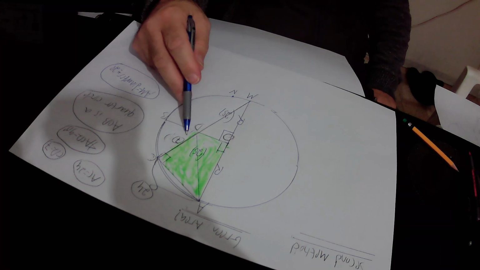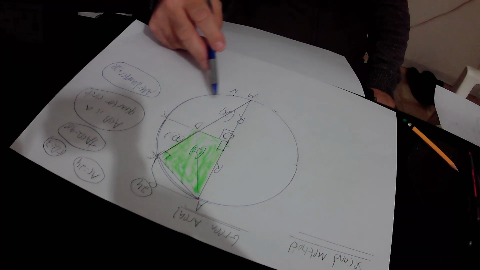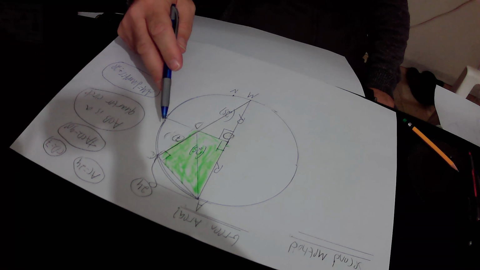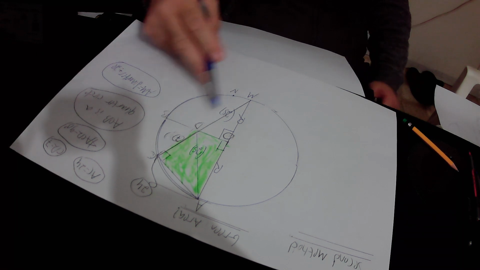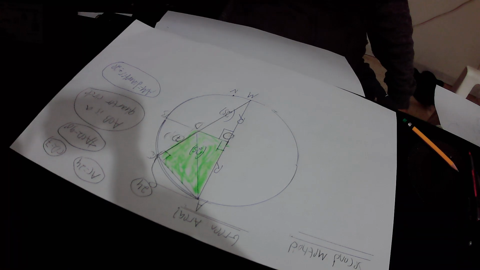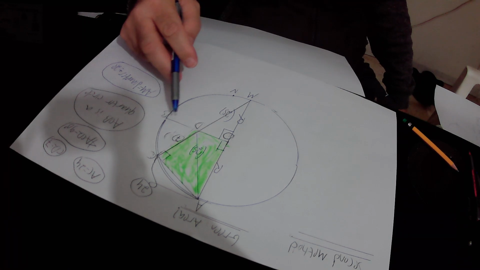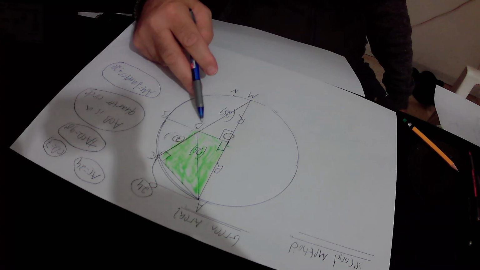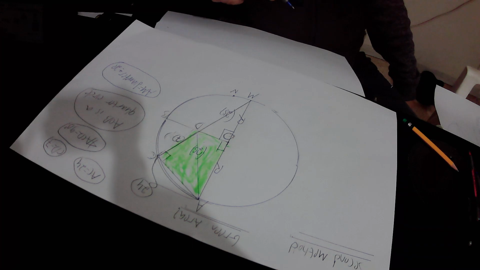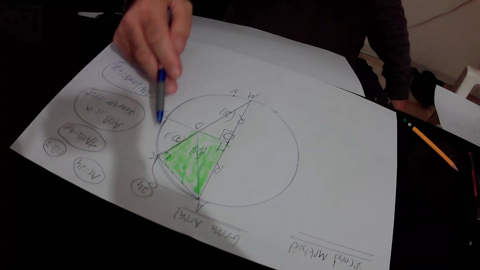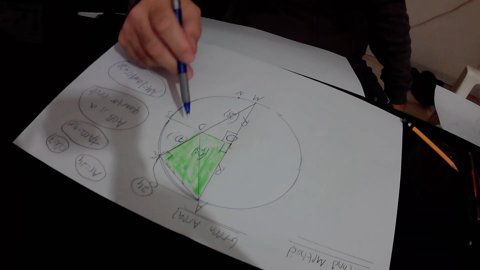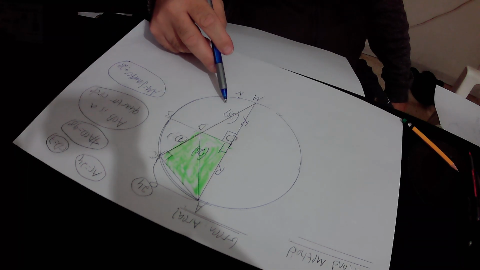We extended side CD by a straight line and we got CM. When we extend a straight line by a straight line, the result must be a straight line. Therefore CDM is one straight line, which means CM in total equals CD plus DM. CD is 7, plus DM, that is 25.